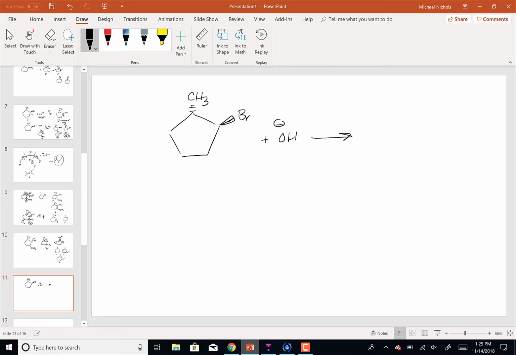So it's not E2. So now we're down to E1, except the problem with E1 is it always goes with SN1. So is this SN1 and E1, or is it SN2?